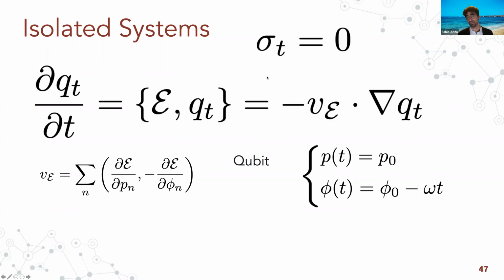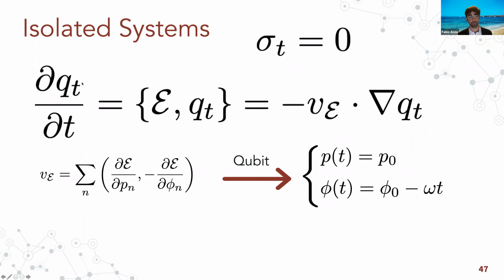Isolated quantum systems have no sinks and sources of information, so the sigma term is 0, and you can prove that because the system is isolated, the evolution is generated by a unique quantity, epsilon, which is the energy function in the geometric picture, essentially the expectation value of the Hamiltonian for an arbitrary state, that depends on the specific state where you are.